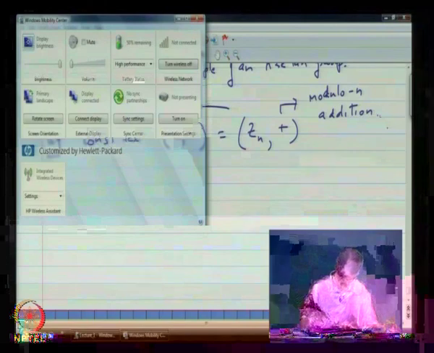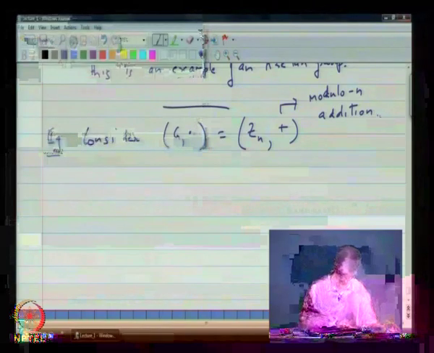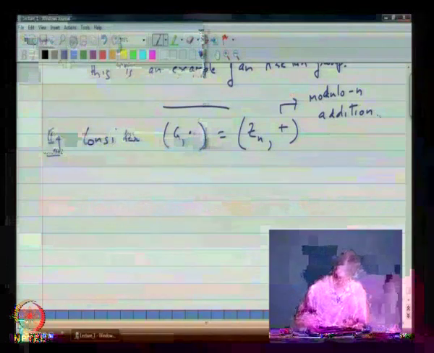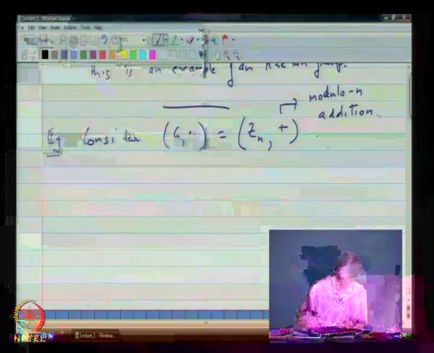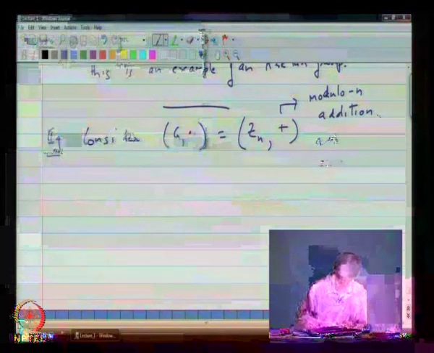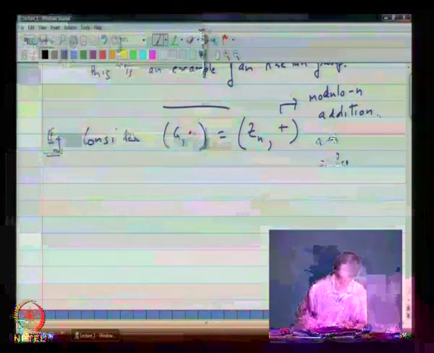So, what does modulo n addition mean? It means that a plus b is really the remainder after you divide a plus b by n, right?